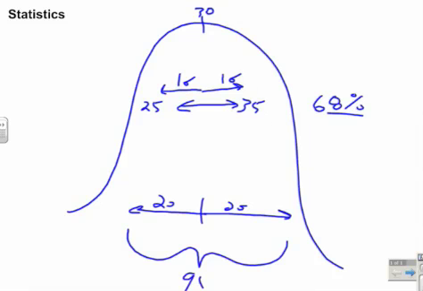Well, all of a sudden, if 1 sigma here was equal to 5, because we had 25 to 35, which is 30 plus or minus 5, now we have to take 2 times that 5. We have to take plus or minus 10 to get 2 sigma. So now your range turns out to be from 20 all the way up to 40. So you'd be telling this person, well, I'm 95% sure that my next measurement's going to be between 20 and 40, okay?